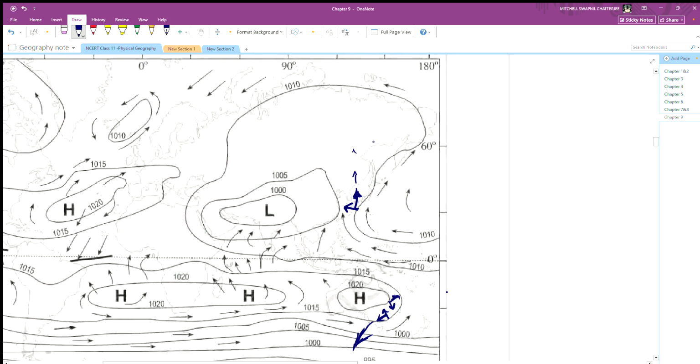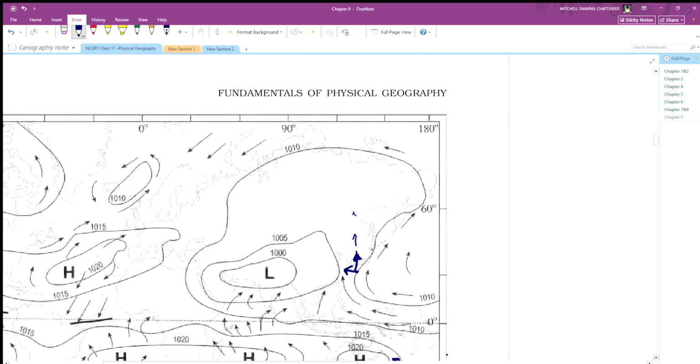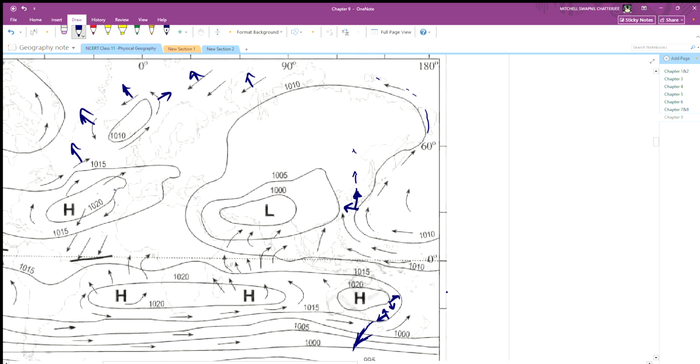Not in this direction, but this is the wind direction. But ultimately it is going toward this. This is the direction of Coriolis force.